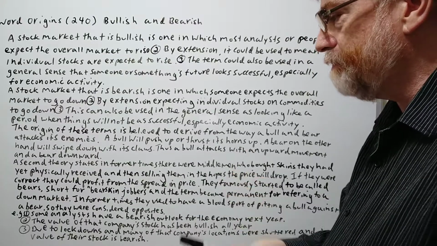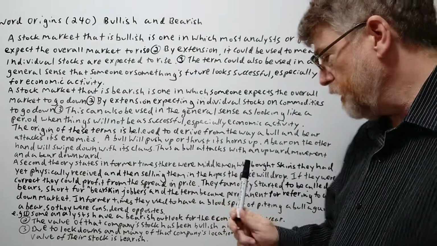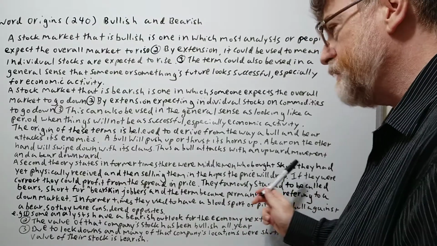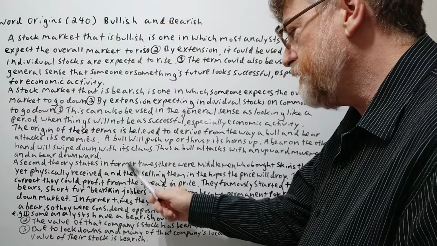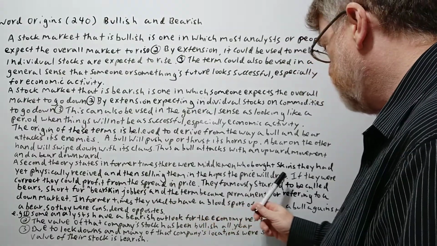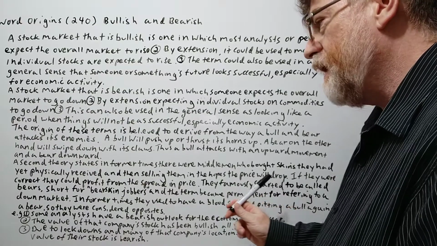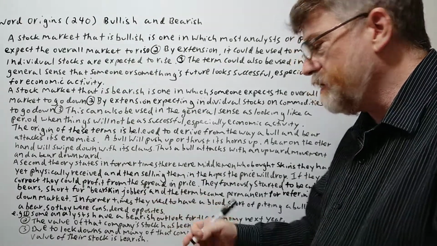We have one other. The second theory states that in former times there were middlemen who sold skins that they had yet to physically receive. These were supposed to be bear skins, in the hopes the price would drop. If they were correct, they could profit from the spread in price.